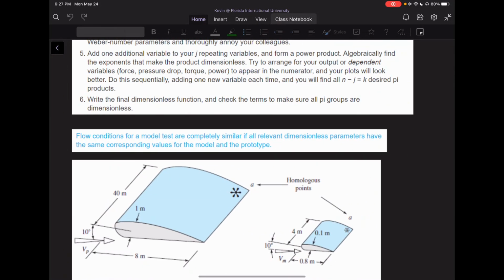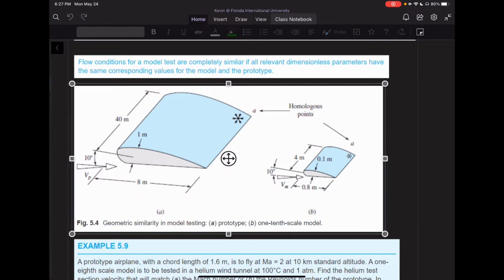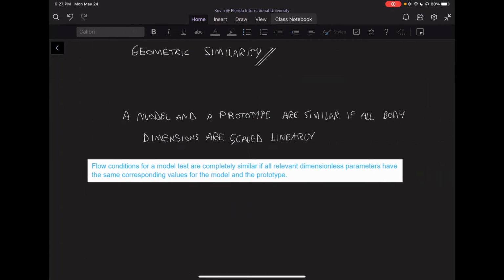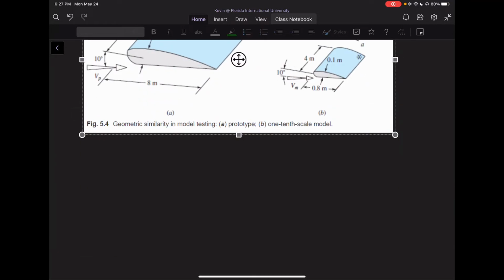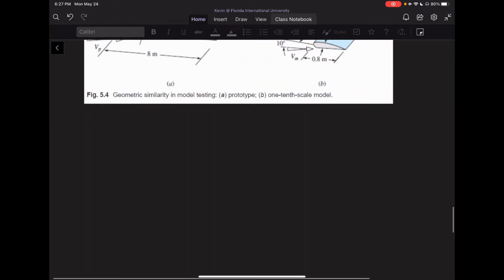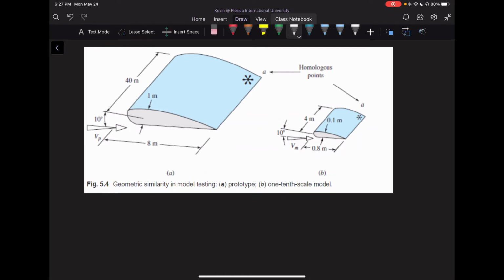So I'm going to copy over a diagram. And we can see in the above diagram that we have two wings, and we could be asked, are these two wings geometrically similar? So do they have geometric similarity?